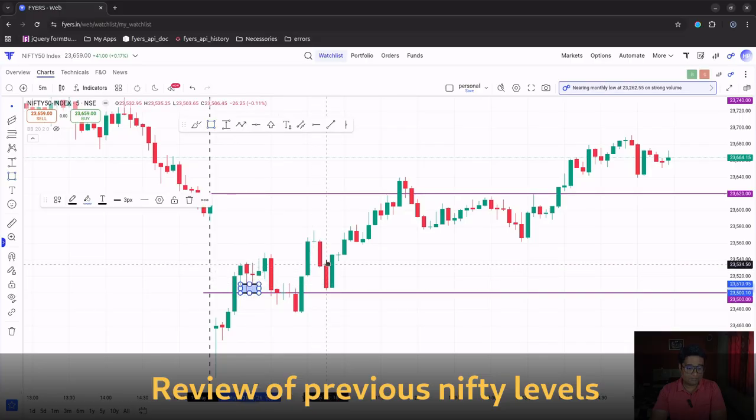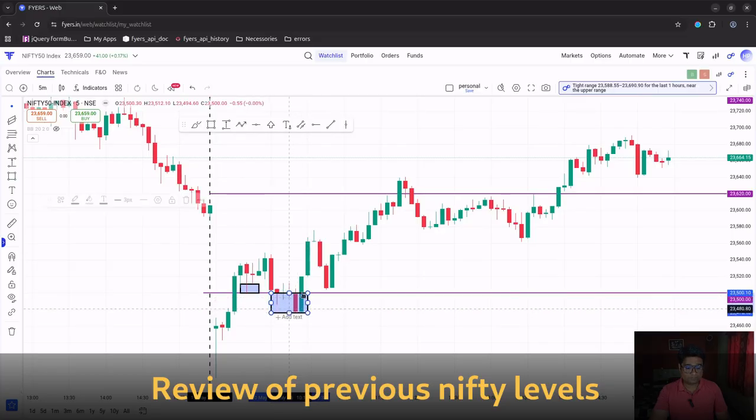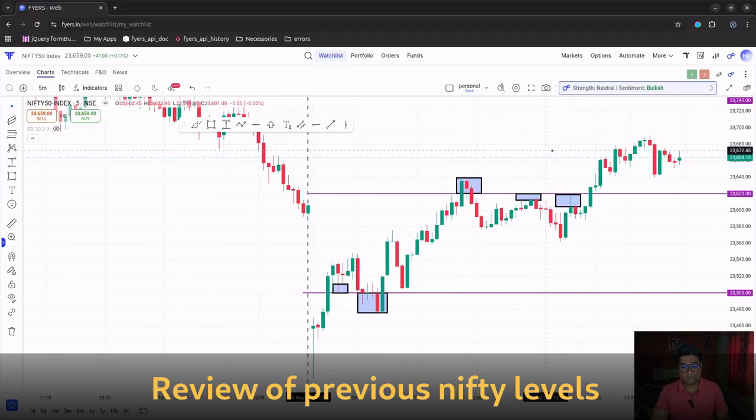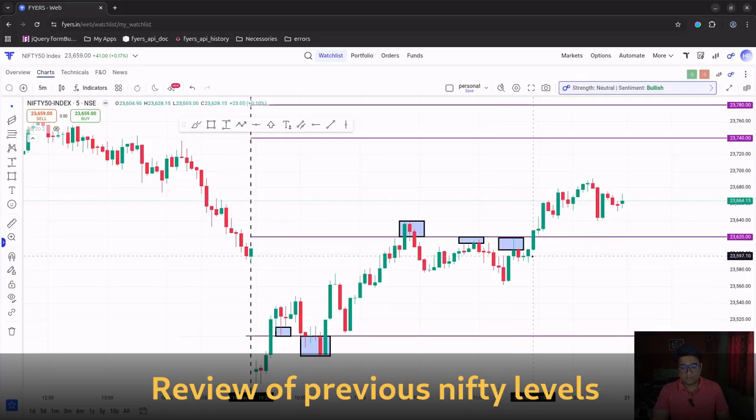This key level right here, and this was a stop loss hunting. Here, fake breakout, and right about here, valid resistance, right about here also. After this candle became the decisive candle, the market moved above 23,620.